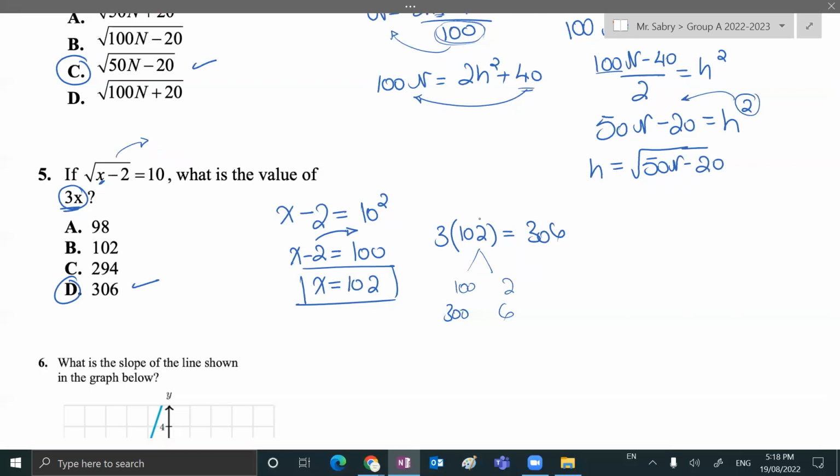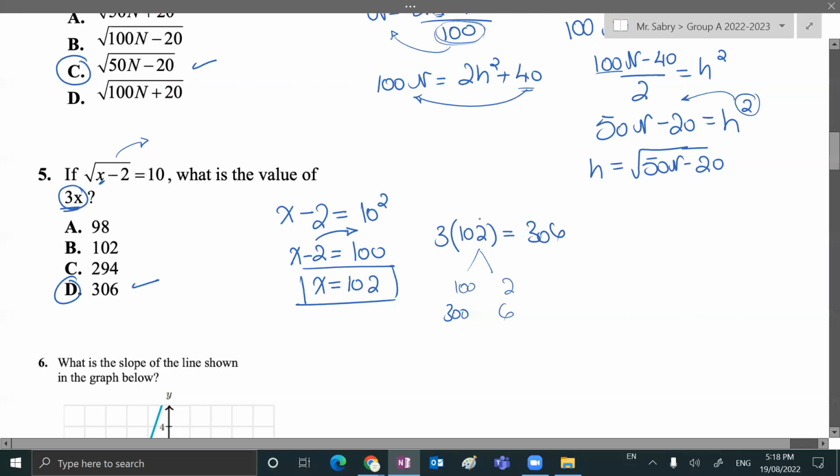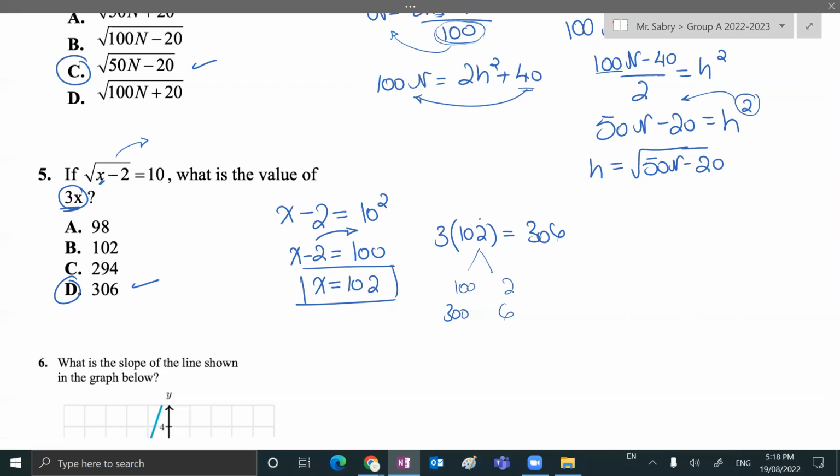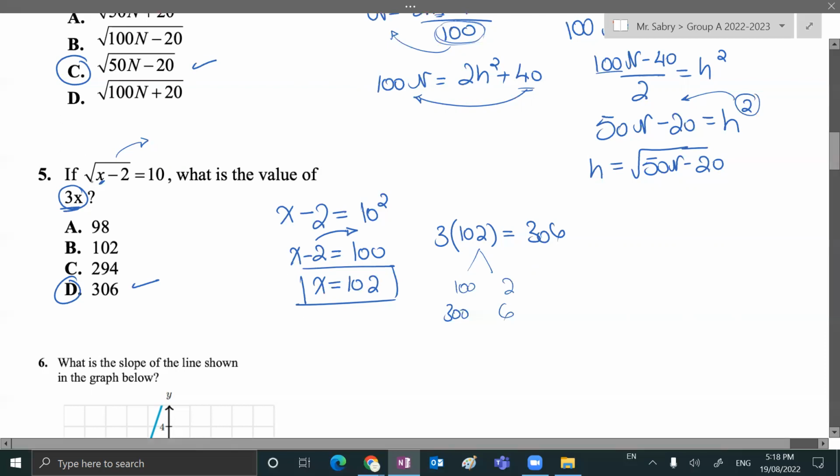Yes, sir, I have one question. I got the question, but there's no 10 squared on the question when they wrote it. So how do you know you're supposed to put square root 10? How did I remove? Okay, Ali, please focus. The target here is to leave X completely alone, صح?